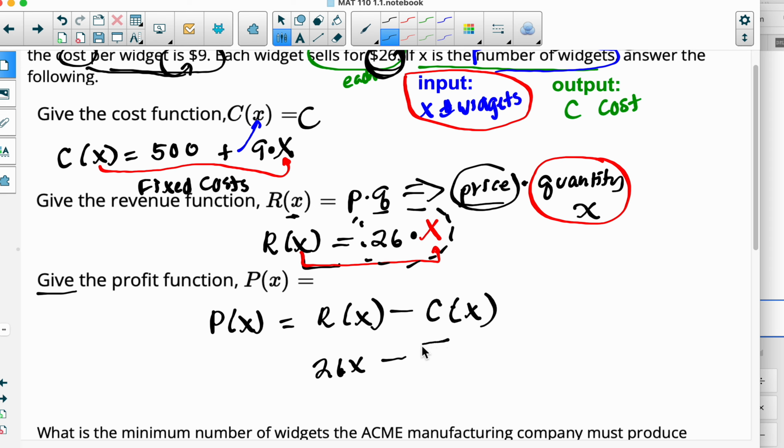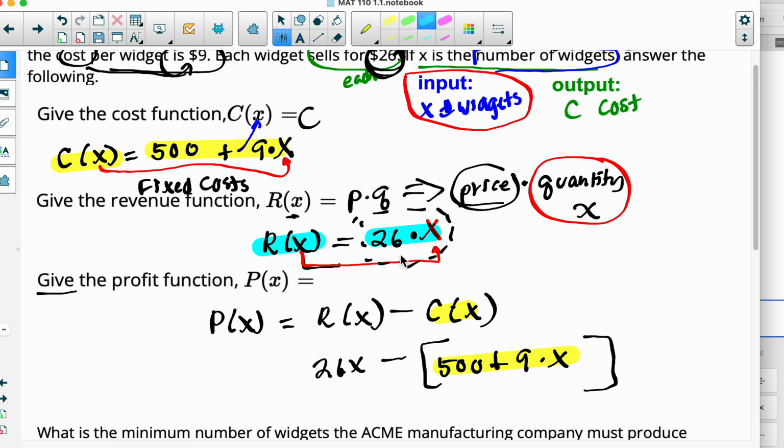Minus, now I really encourage you to use brackets here. A common mistake is people don't subtract the entire cost function. My cost function is 500 plus 9x. Okay, so I need to subtract both those pieces. So I'm just going to say here's my cost function. I just picked that up here, right? Cost. And then here's my revenue function, R of X equals 26x, all right?